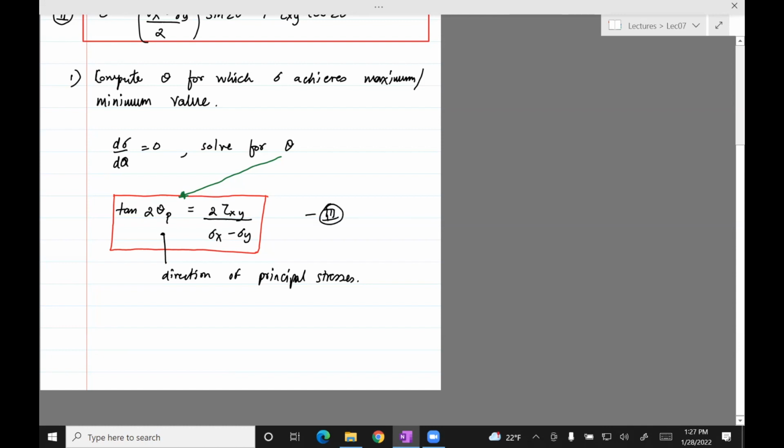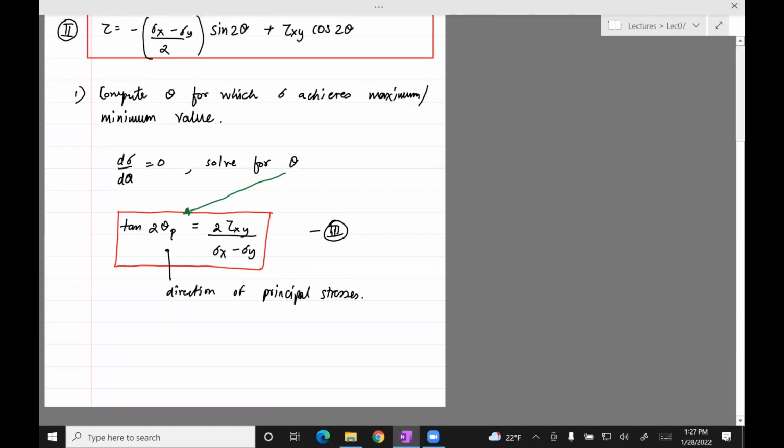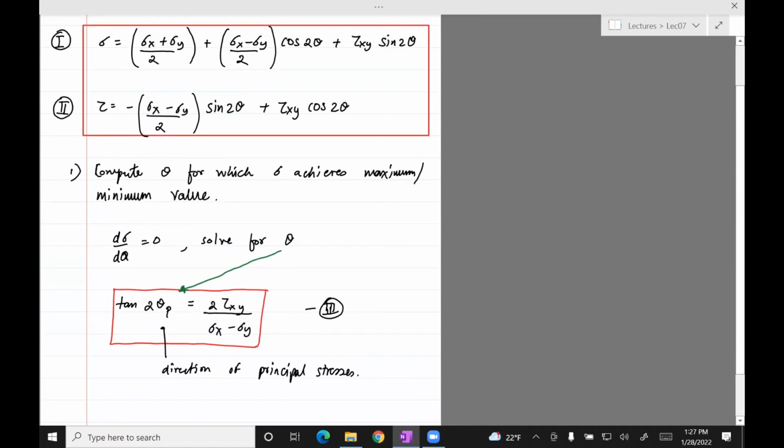Again, I won't do the derivation, I'll just write down the final answer. We'll sub 3 into 1 to write a formula for sigma, and 3 into 2 to write the formula for tau.